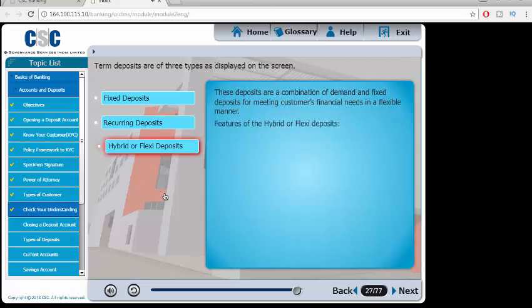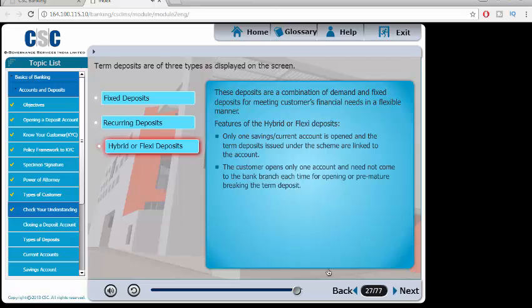The main features of the hybrid or flexi deposits are: only one savings or current account is opened and the term deposits issued under the scheme are linked to the account. It offers the advantage of convenience.